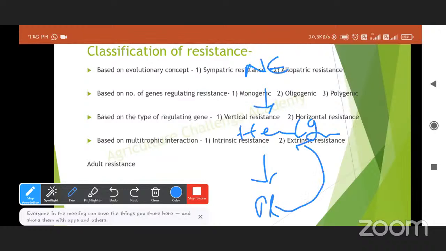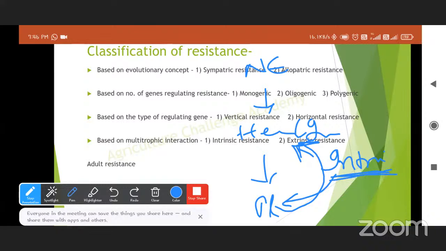If the plant directly shows resistance towards herbivores, means the insect is not able to feed upon that plant itself. Okay, so what factors will be regulating? Intrinsic factors, means those factors which are intrinsic to the plants will be regulating this feeding. Just for an example, you can say presence of wax layers or presence of a lot of trichomes over the leaf surface, then the insect will not be able to eat the plant leaf, or it will not be able to move very frequently upon the plant leaf, and its survival and growth will be affected.